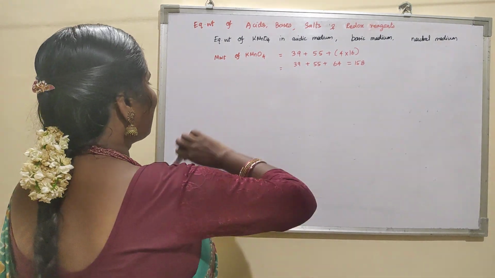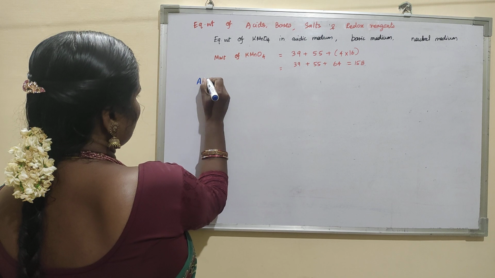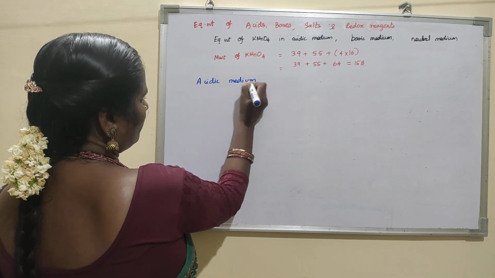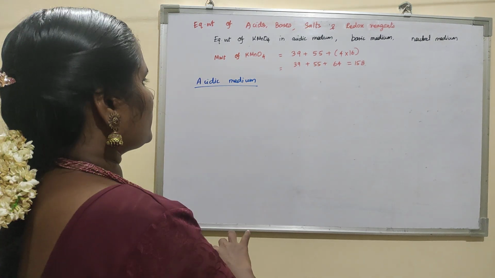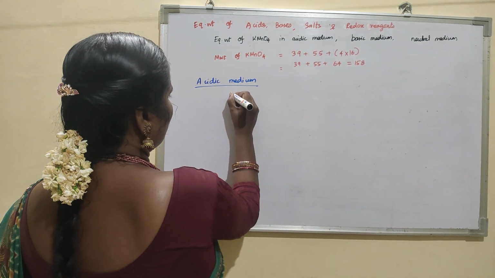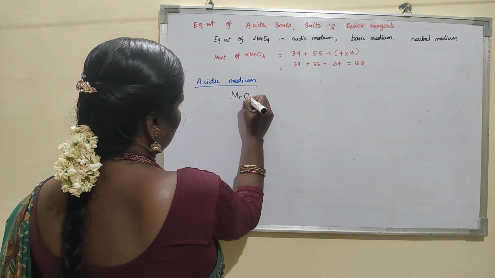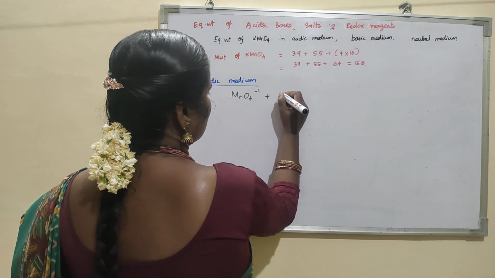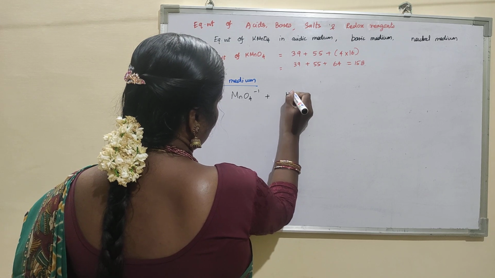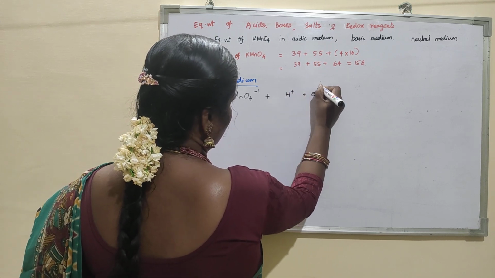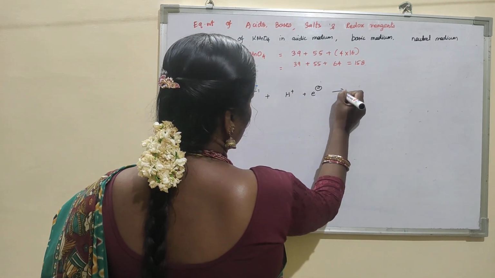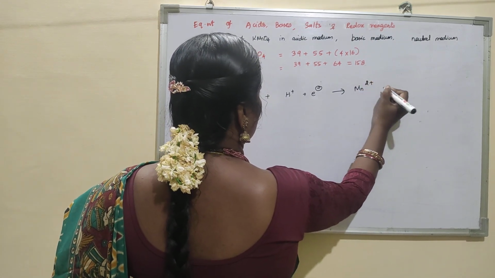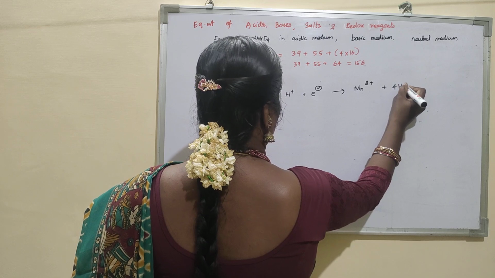First we will take the acidic medium. So in acidic medium, KMnO4, let's write MnO4 minus plus H plus plus electron minus gives Mn2 plus plus 4H2O.